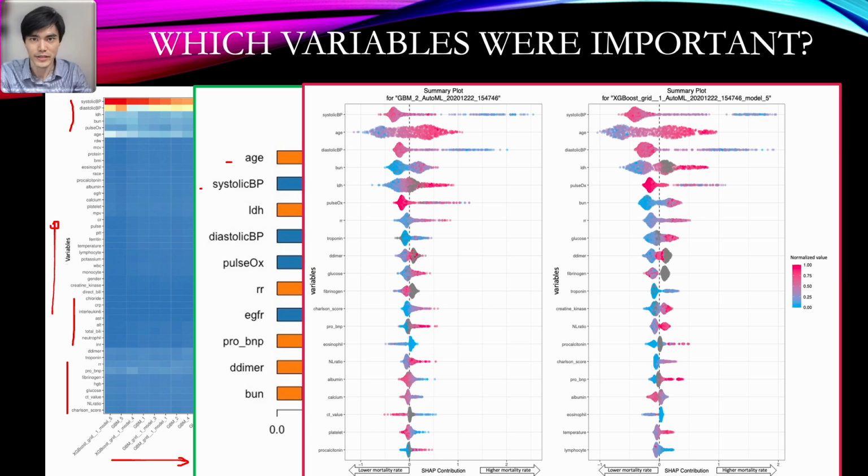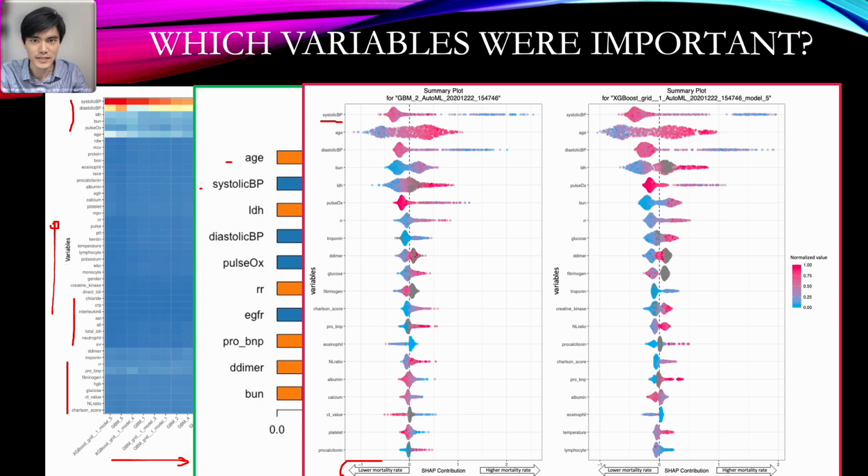And another common way to evaluate the black box is the SHAP model. Each dot is a patient, and red means higher value for that specific variable. So for systolic blood pressure, red means higher systolic blood pressure, and they have lower mortality rate.